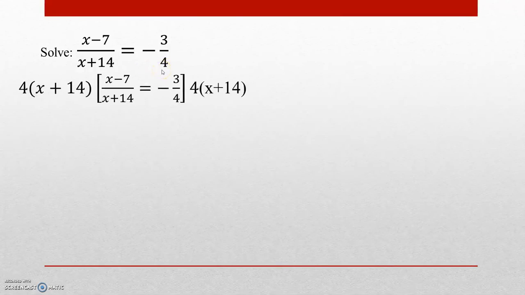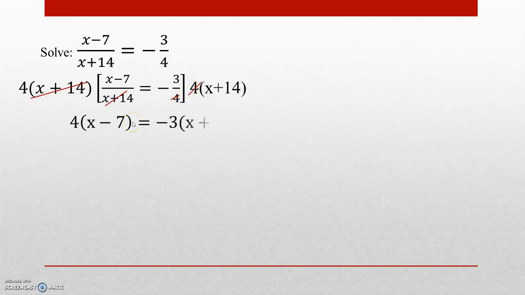And we are going to multiply that in both sides. So, 4 times x plus 14, tsaka dito. Hindi ko na agad multiply kasi para mas mabilis tayo makapag-cancel out dito. So, cancel out x plus 14, also yung 4.